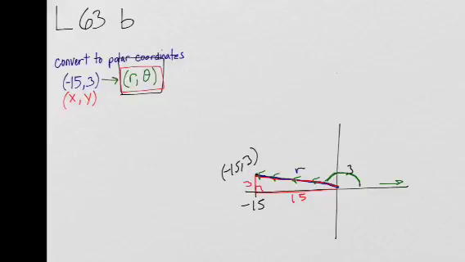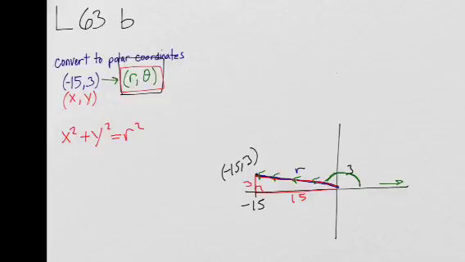That calls to mind the formula a squared plus b squared equals c squared, the Pythagorean theorem, that we could use for this. That would be x squared plus y squared equals r squared. That's just the Pythagorean theorem applied to the x, y, and the radius for the polar coordinates. That's the relationship between them.